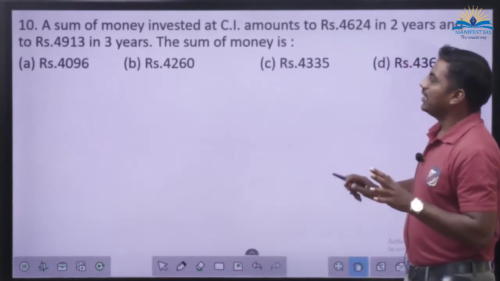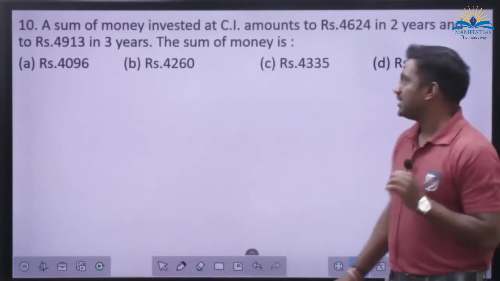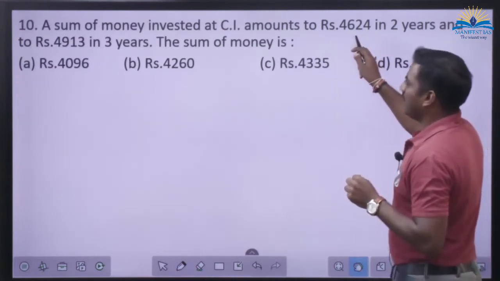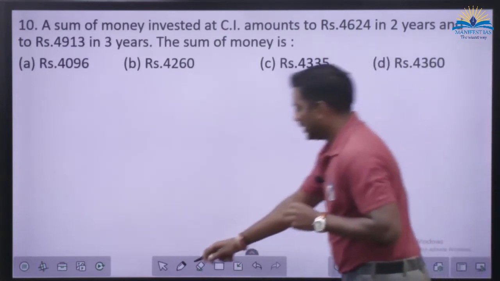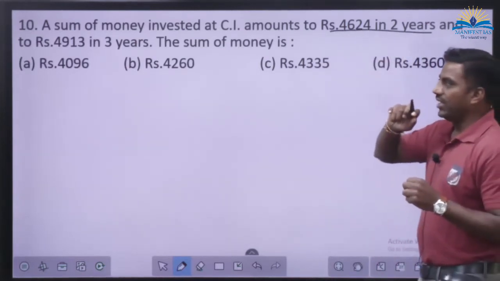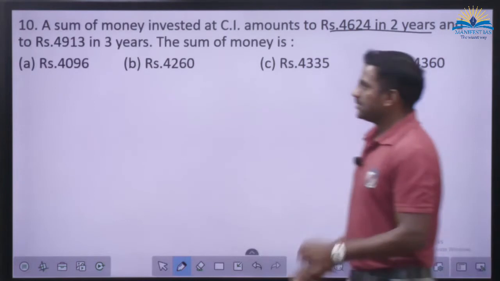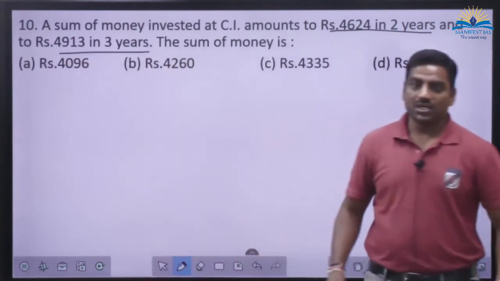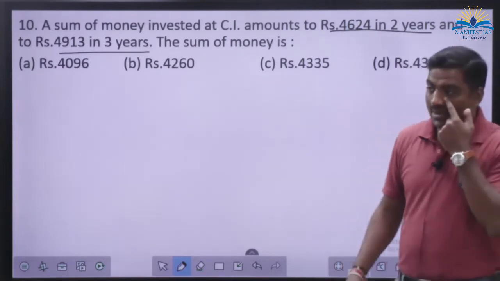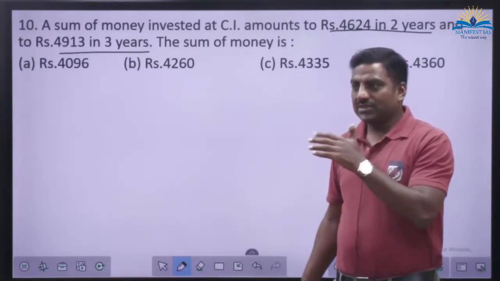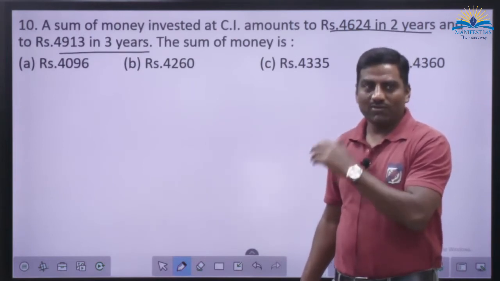A sum of money invested at compound interest amounts to rupees 4,624 in 2 years, and in 3 years, 4,913. This is as good as our third problem of simple interest, if you remember. At the end of 3 years, one amount; at the end of the 4th year, one amount.